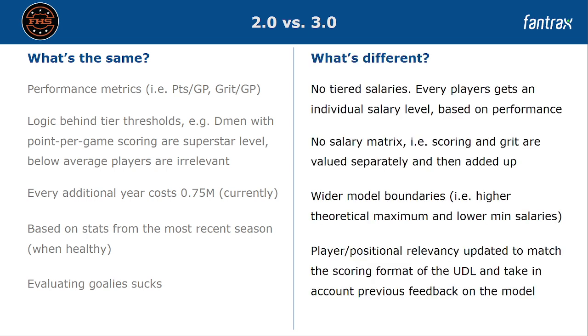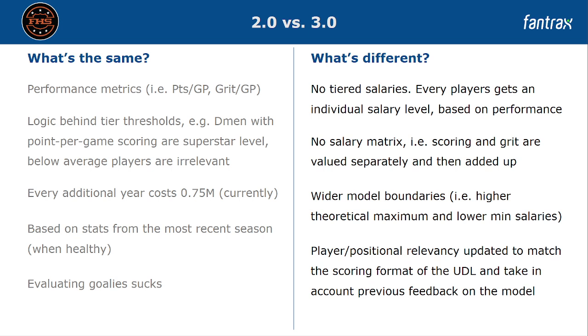So what's different in the 3.0 version, so called: there will no longer be tiered salaries for the RFAs. Each restricted free agent will get an individual salary based on his performance.